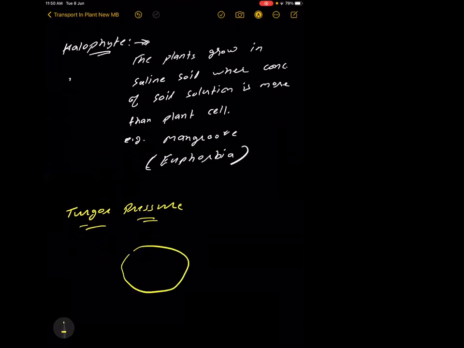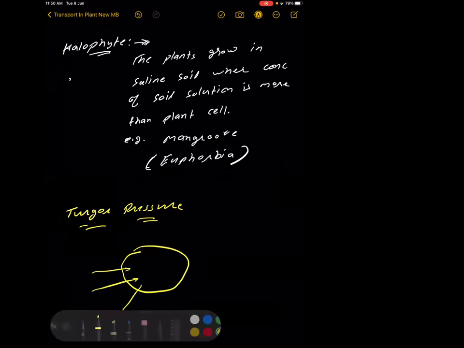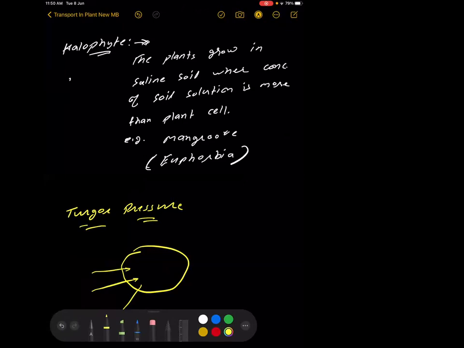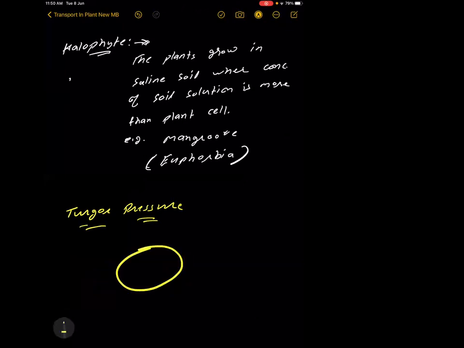Suppose this is a cell. Water enters the cell. Before this water enters, there is no turgor pressure. This is a normal shaped cell. Now water enters, so the cell slightly enlarges in size because of turgor pressure.